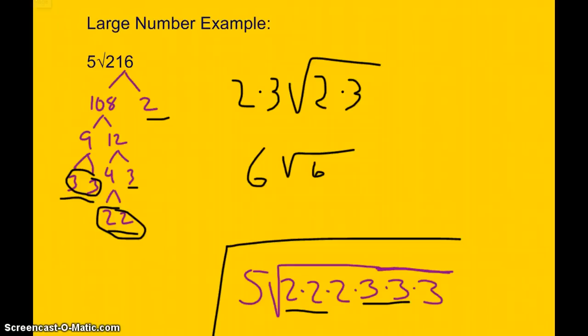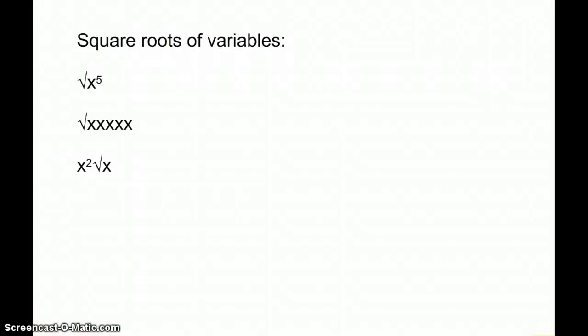So our final part here is what happens if we mix variables into this. And so if we mix variables under a radical, or you would have the square root of x to the 5th, we're going to do the exact same thing we did with our factor tree. We're looking for pairs. So if I write x to the 5th out, I can make a pair of x's, and then I can make another pair of x's over here.